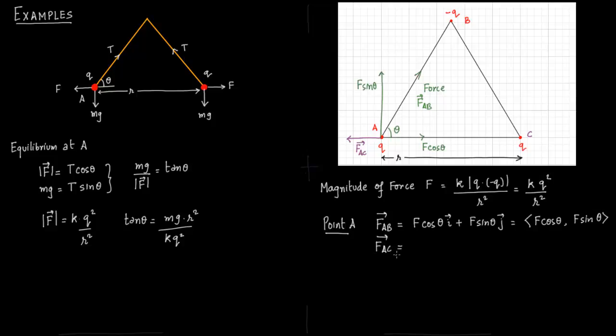On the other hand, FAC vector just has a component in the x-axis, and its magnitude is minus F. So you have F times minus i vector, and there is nothing in the vertical component, so you get minus F comma 0 as the FAC vector. For the net force at A, you just add the two vectors by the principle of superposition, FAB vector plus FAC vector, and this is nothing but F cos theta minus F comma F sin theta plus 0, so you get F sin theta.